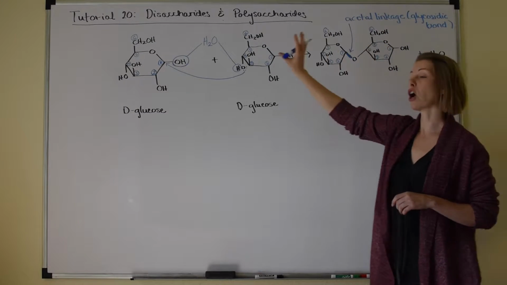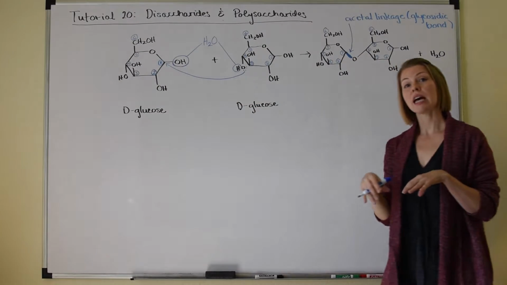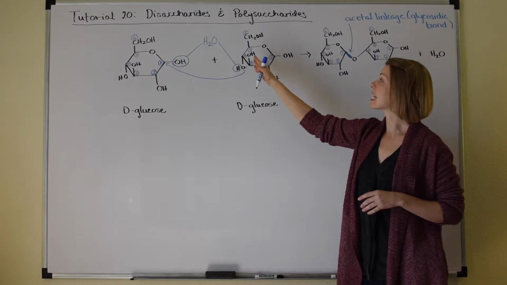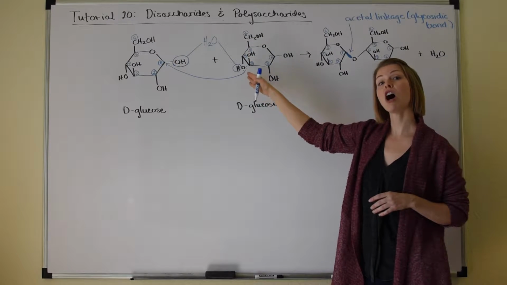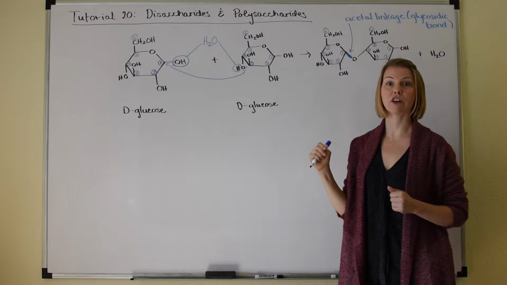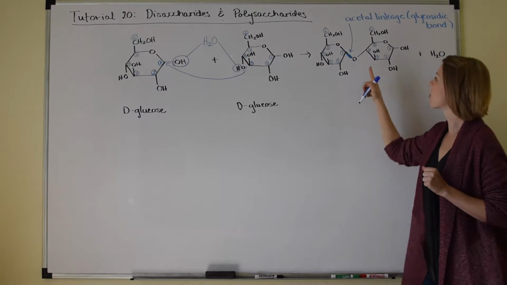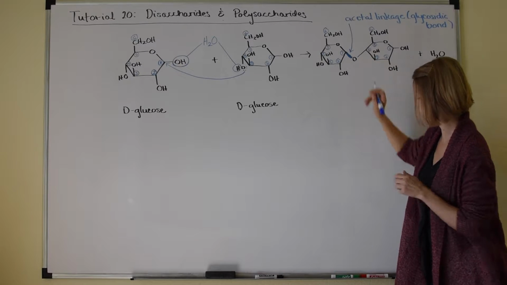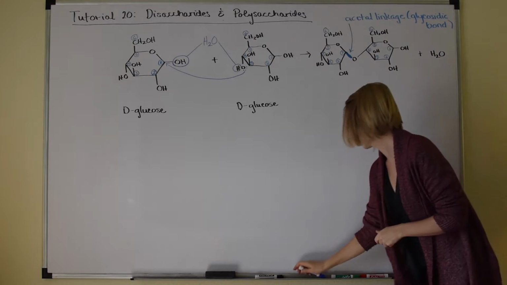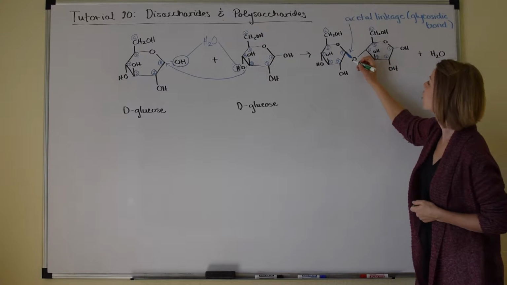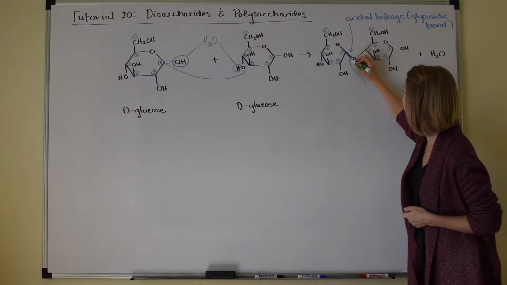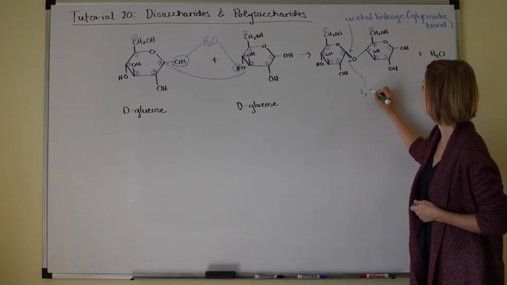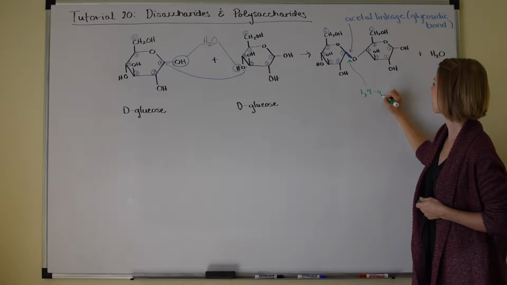So we showed a reaction between the hemiacetal carbon, which is carbon 1, and the alcohol off of carbon 4 of the other monosaccharide. And so that makes this glycosidic bond more specifically, and in fact I'm going to write it in a different color because I really want it to stand out. More specifically, this is called a 1,4 glycosidic bond.